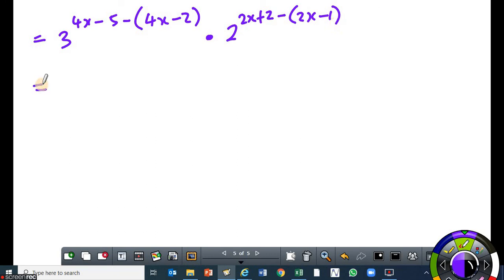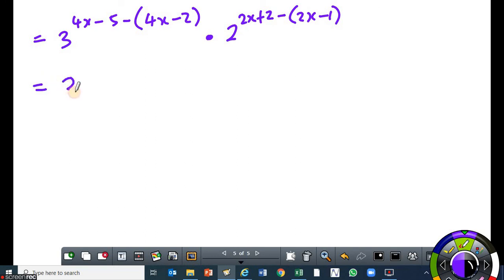Okay? So here is basic algebra now. 4x minus 4x, so those two cancel out. 4x minus 4x gives you what? 0. Right? Then minus 5 minus 2. That will give you minus 5 plus 2, which gives you negative 3.